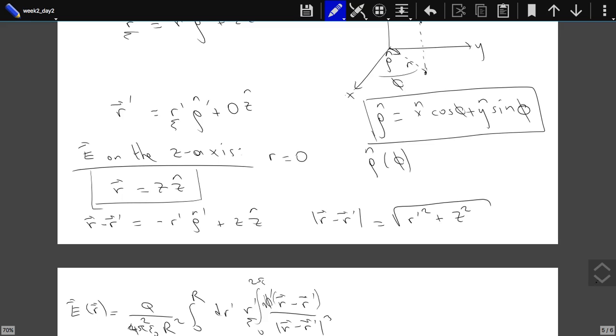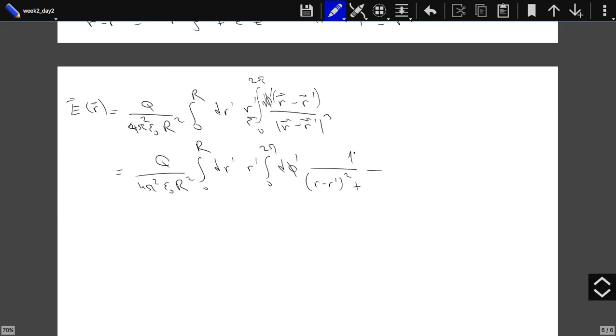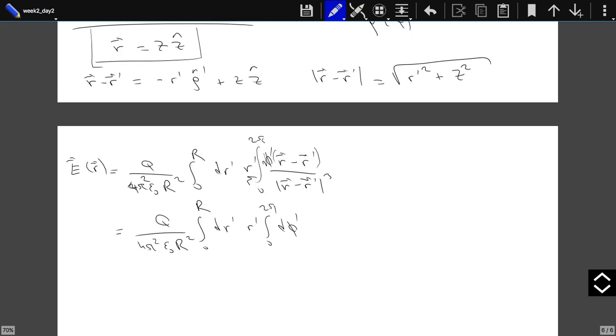So I can just put it over here. R minus r prime vector was minus r prime rho hat prime plus z in the z hat divided by square root of r prime squared plus z squared cubed. Okay, this is the electric field. Of course, we need to evaluate these integrals.